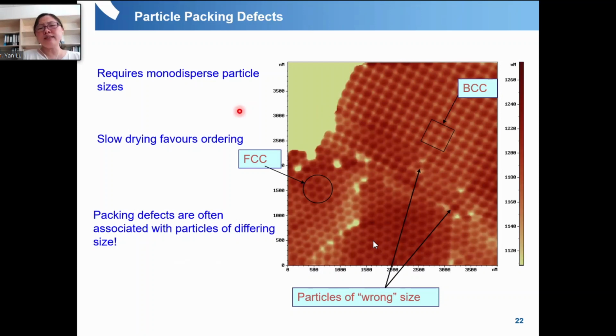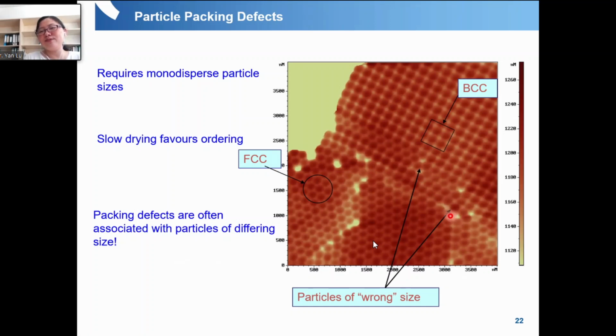And of course, you also need to slow down the drying process. This will also be favorable to form such an ordered structure. Sometimes, of course, you can find some defects in such an ordered structure, and this often happens where you have polydispersity of your particles.